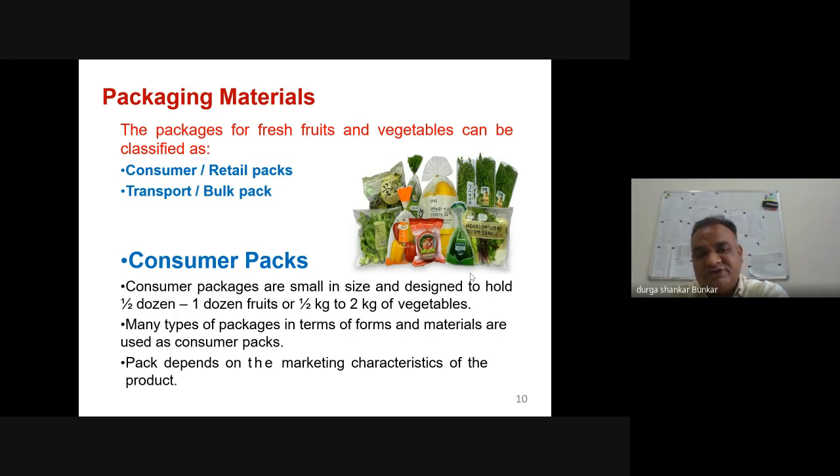That is an important factor we have to consider, so that we can easily transport it from one place to another. And the consumer also prefers a suitable material which can avoid contamination and deterioration, and which they can carry easily.